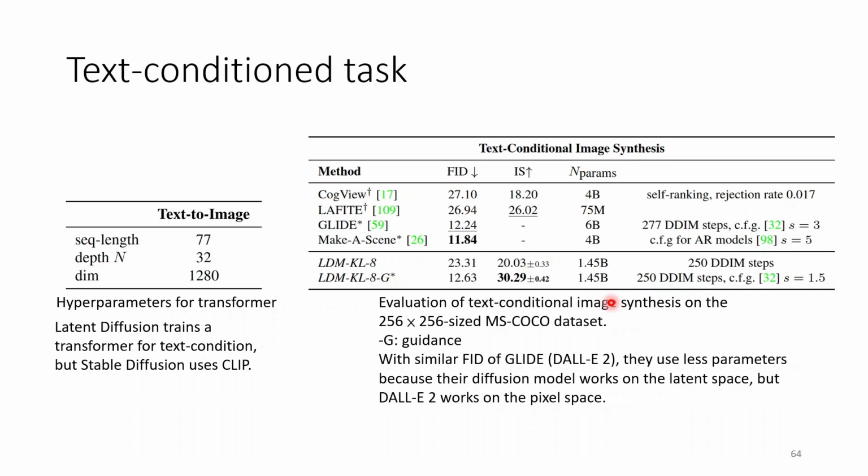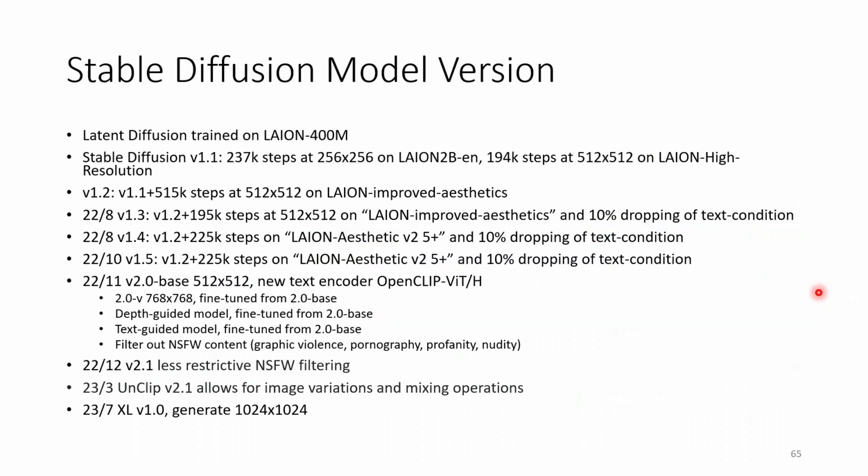Okay. Now I'm going to explain what is the guidance scale. Okay, so let's go back to the history of stable diffusion. Here I just want to show you they released many different models at a different time. From version 1. So this is stable diffusion, not latent diffusion. Okay.